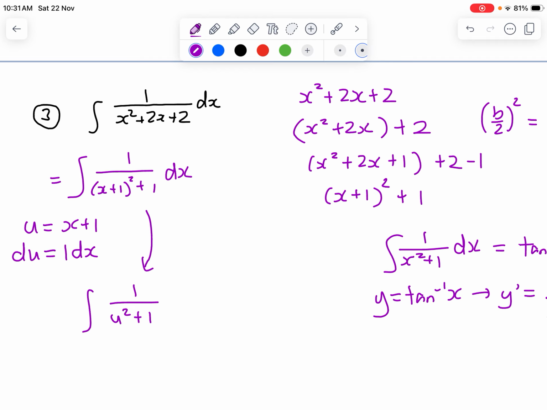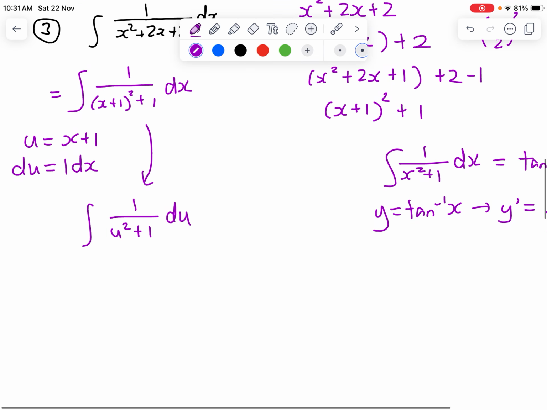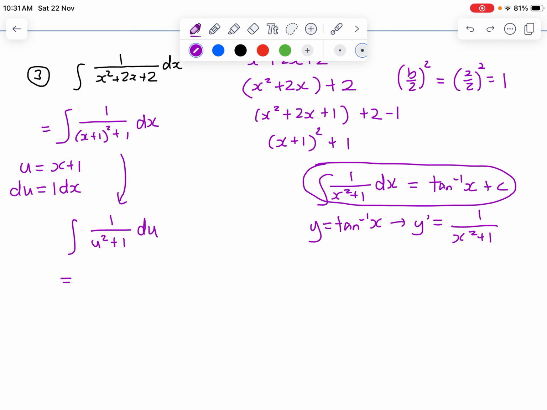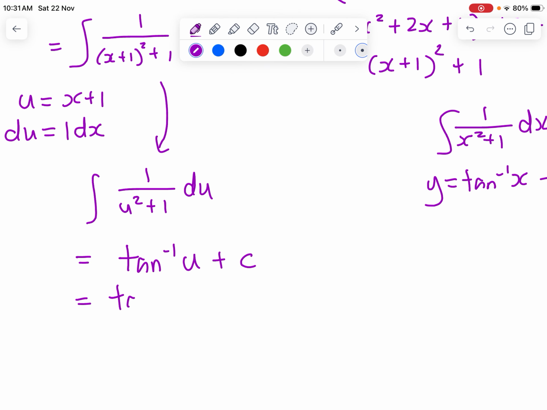And then we don't have anything to cancel out. Du is just equal to dx. So that's it. And then now all we gotta do is integrate it. And we already actually integrated it, right? It's basically tan inverse. So our final answer is going to be tan inverse of u plus c, which is equal to tan inverse of x plus 1 plus c.